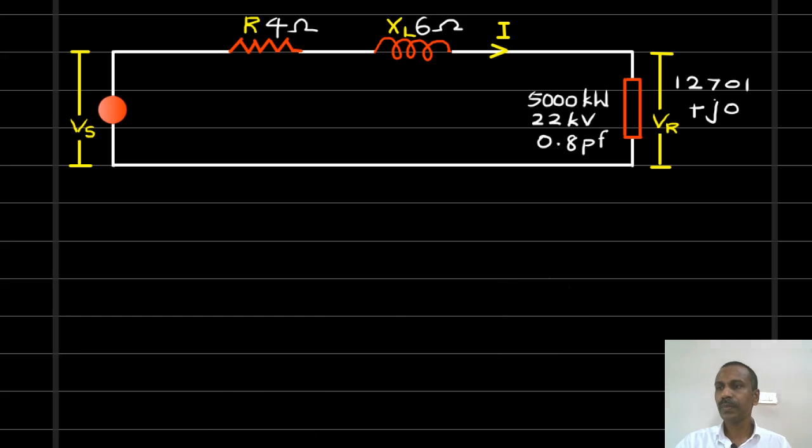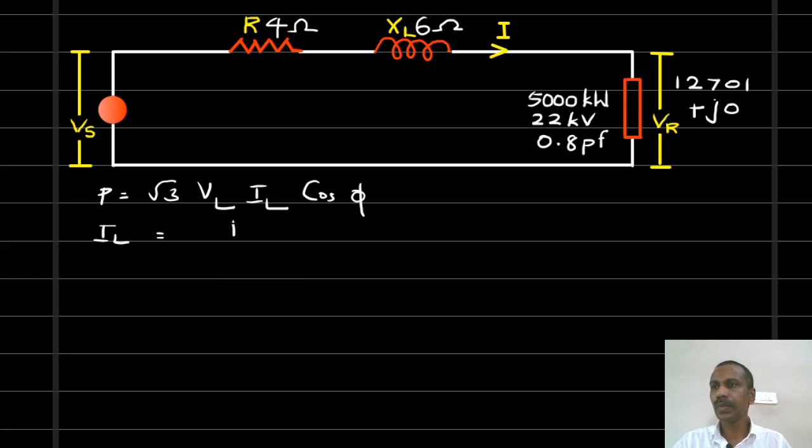Now we will find out the current flowing through the line. The current is same both at the sending end and at the receiving end because all elements are in series. As you know, P is equal to √3 VL IL cos phi. This is the formula to find out power in the three-phase load. So IL is equal to P divided by √3 VL cos phi.